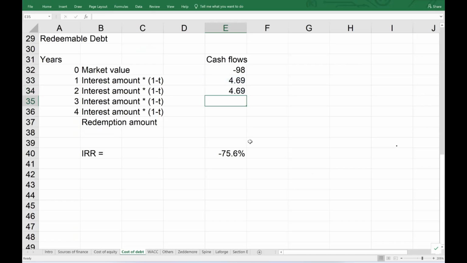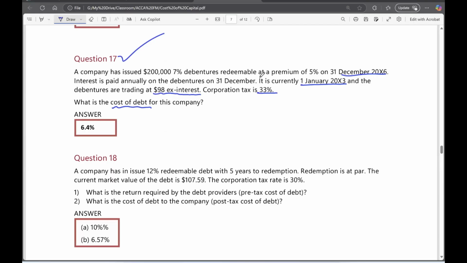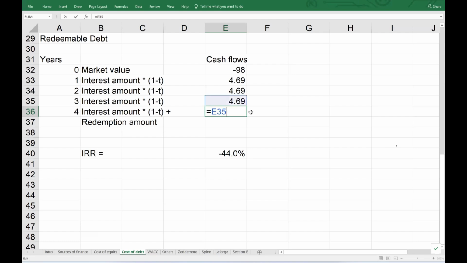That's the interest we have to pay every year, in year 3 and year 4. Okay, in year 4, you will pay interest and also the redemption amount. How much redemption amount do you have to pay? 5% premium. So if it's 100, it will be redeemed at 105.